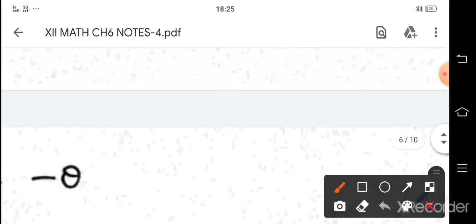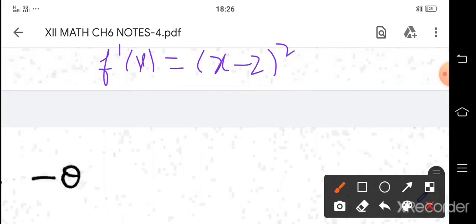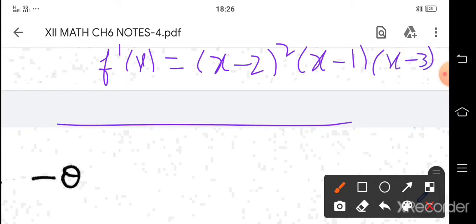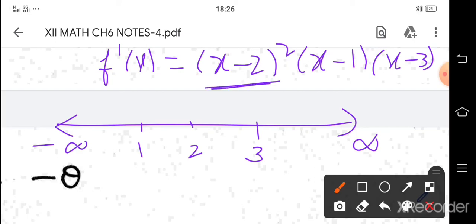For example, look at this. F dash of x I got like this: (x minus 2) whole square, (x minus 1) into (x minus 3). Now what are the points? Minus infinity, infinity, 1, 2, 3, because those are the points now. More than 3, take 4. This is always positive. Why?